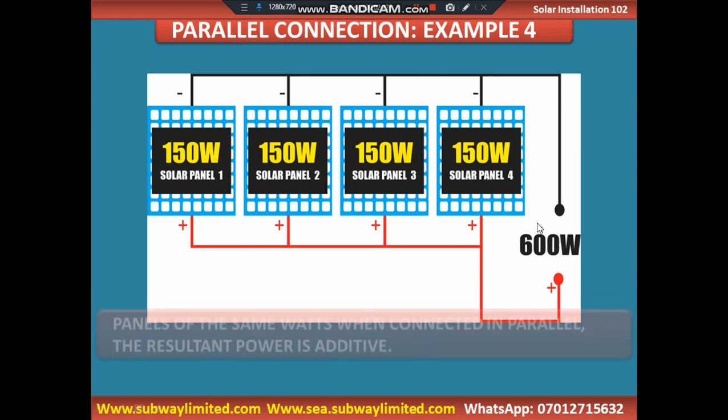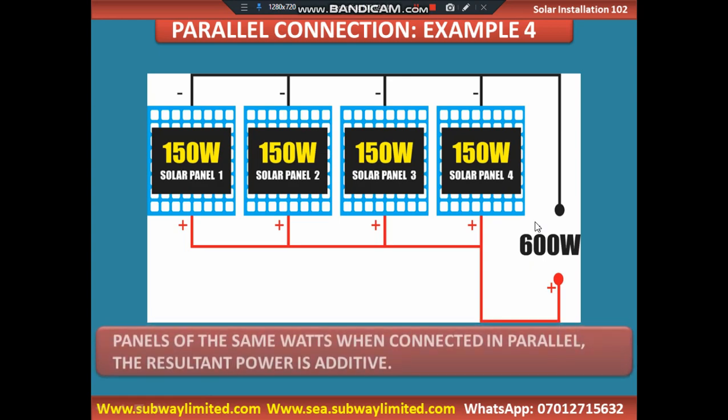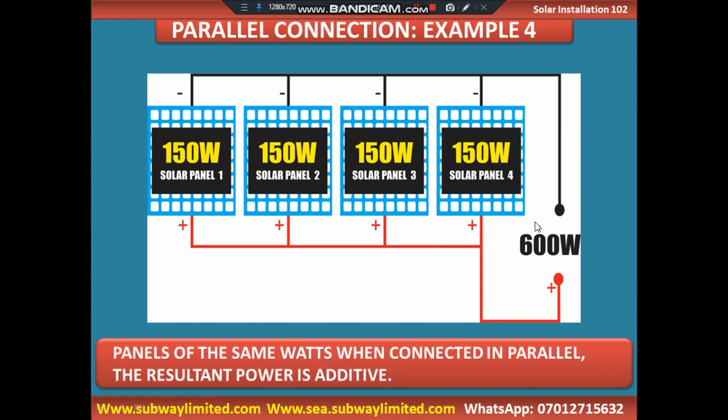That is what you have. We are saying here that panels of the same watts, when connected in parallel, the resultant power is additive. That means if you are connecting solar panels of the same watts in parallel, you are bound to have addition of all the wattage of the solar panels.